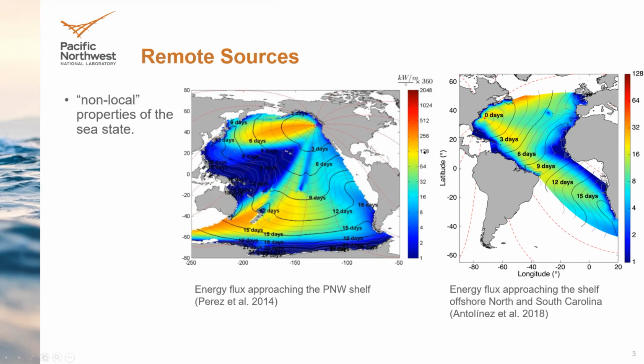So here I am showing, to give you an example, the sources of energy that approach a point offshore Oregon on the left side and offshore of the Carolinas on the right side. In the contours is the days that take those waves generated at that point to reach the point of interest. And in the colors, what you can see is what kind of energy can arrive to that point.